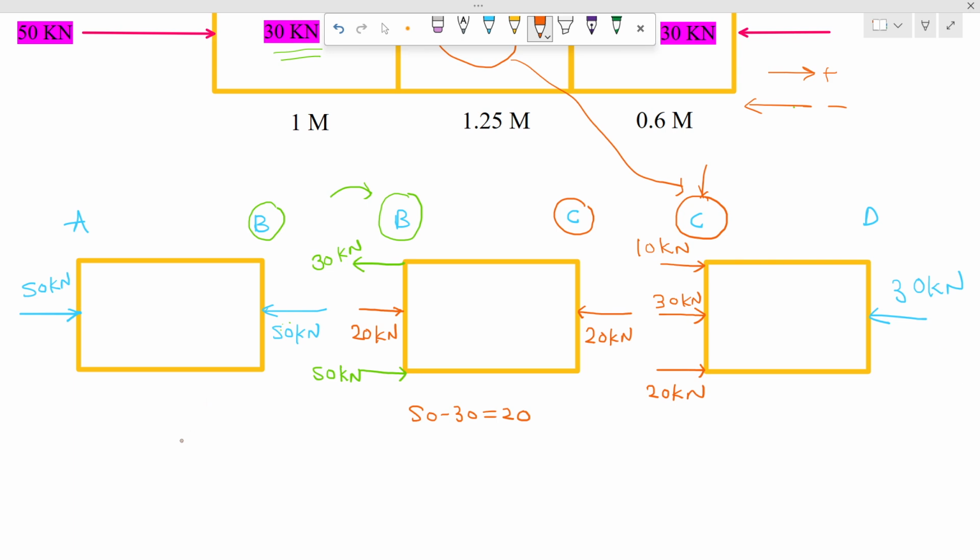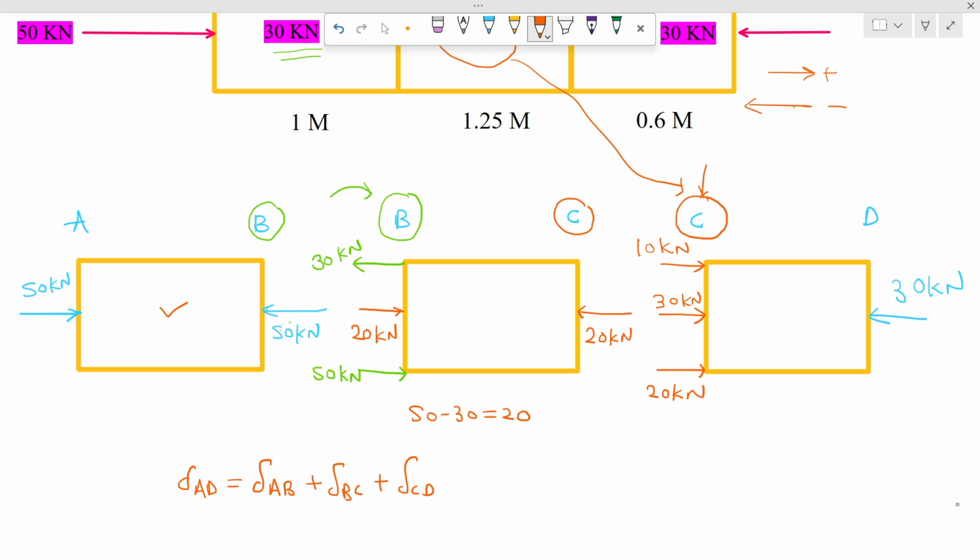So next part is very easy. We have to determine the deflection in the bar AD. So for that we have to determine the deflection in bar AB plus deflection in bar BC plus deflection in the bar CD.